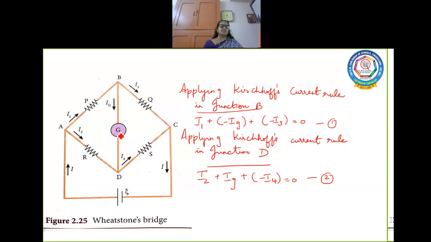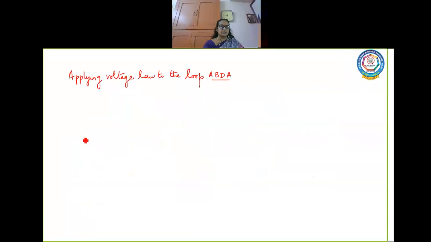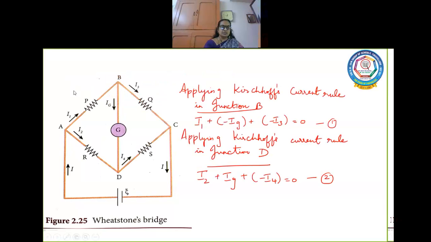That is equal to 0 because there is no cell here, so the algebraic sum of the EMF will be 0. Let me write the equation here: I1P plus Ig into G minus, what is the combination here?